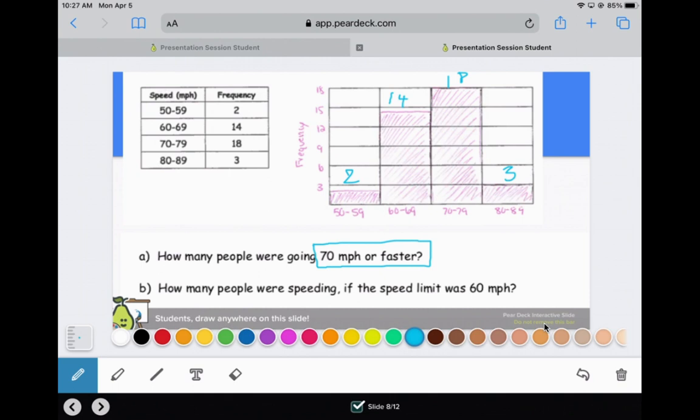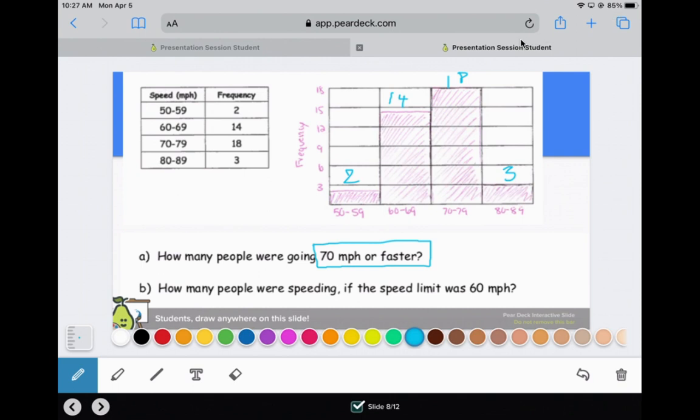Okay, so if they're asking how many people went 70 miles per hour or faster, and you look at the frequency histogram, which columns do I look at? If it says 70 or faster, do I look at all of them, or are there certain columns that I look at? The third and just the third?